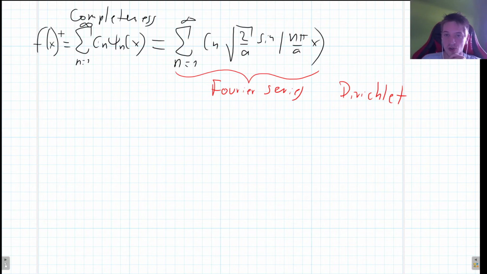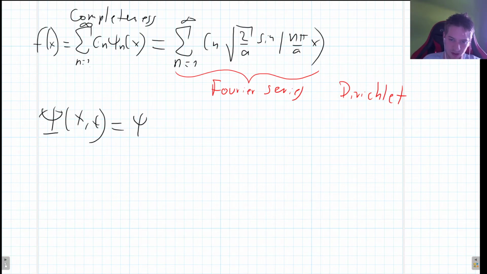Okay, so what is the idea behind this? The idea behind this is that in the Schrödinger equation, we said we have this psi of x and t, and in order to solve it, we just assumed that we want to look for solutions of this separable form. But it's not always going to be the same.